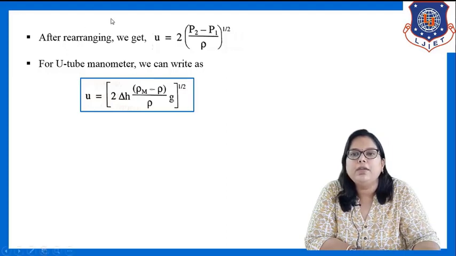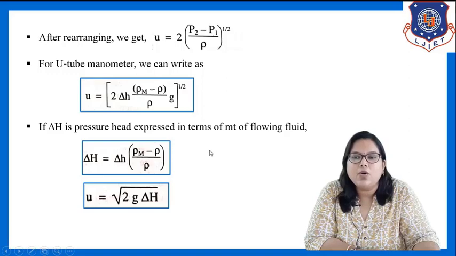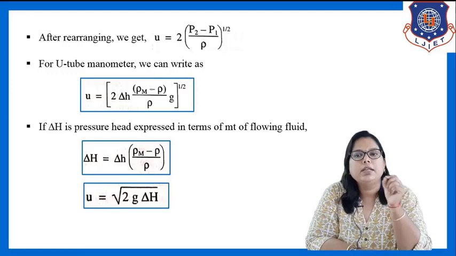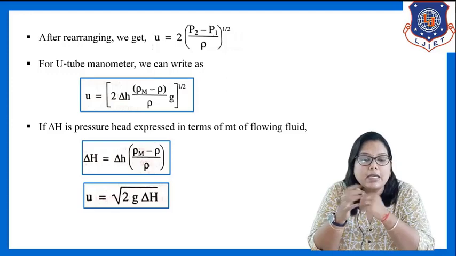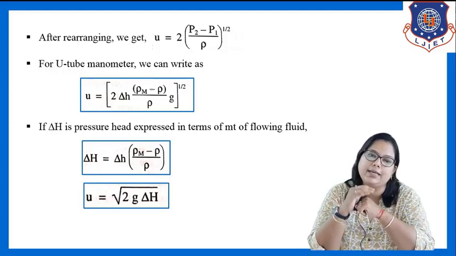So, in place of P1 minus P2, I can write small delta h into rho m minus rho into g. So, now my equation for velocity will be U is equal to 2 delta h into rho m minus rho into g divided by rho, whole raised to 1 by 2. Now, for this whole term, small delta h into rho m minus rho into g divided by rho, I can write capital delta H. Now, what is this capital delta H? Capital delta H is pressure head.